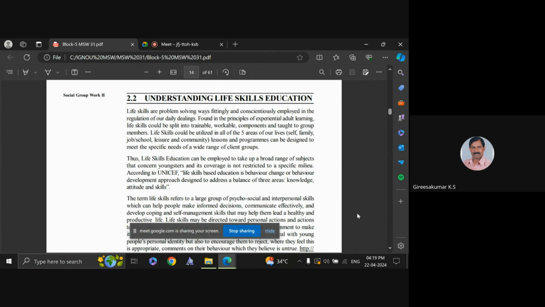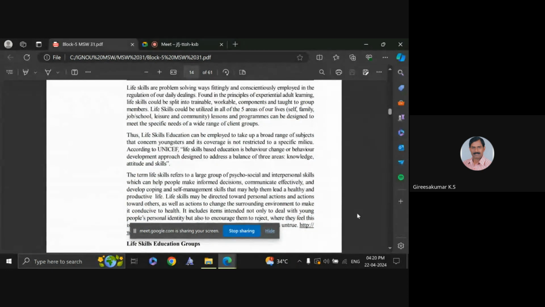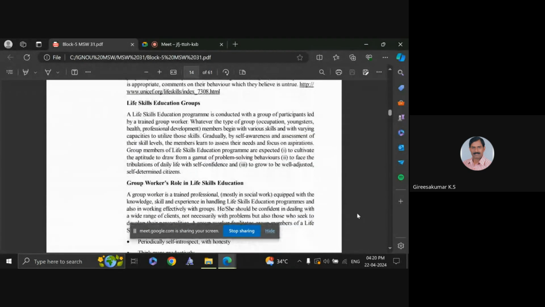A large group of sociological and interpersonal skills which can help people make informed decisions, communicate effectively, and develop self-management skills that may help them lead a healthy, productive life. That is life skill. So it will be life skill education groups.